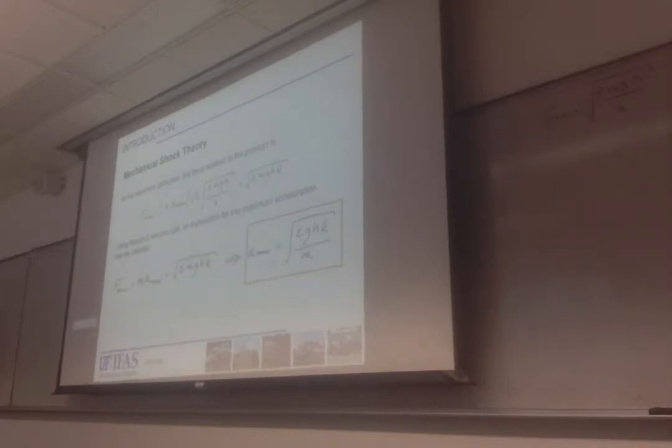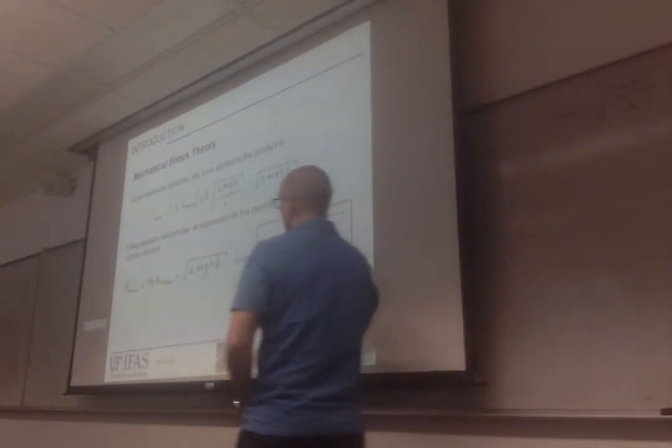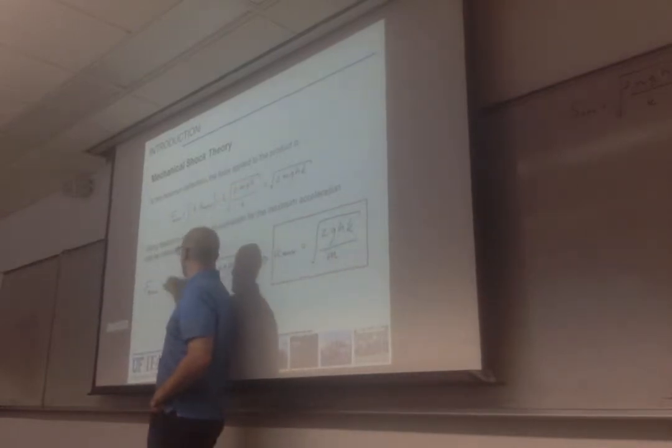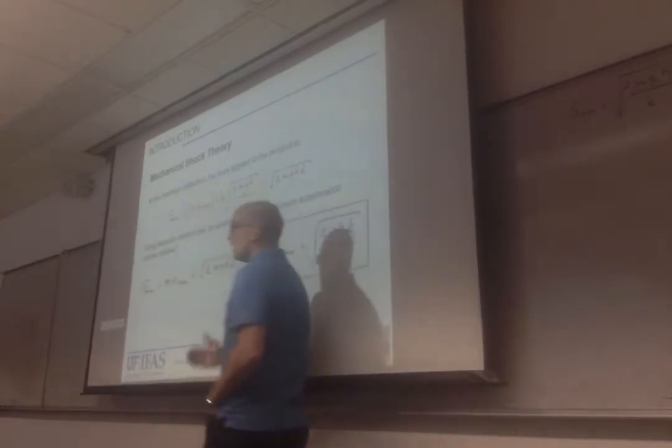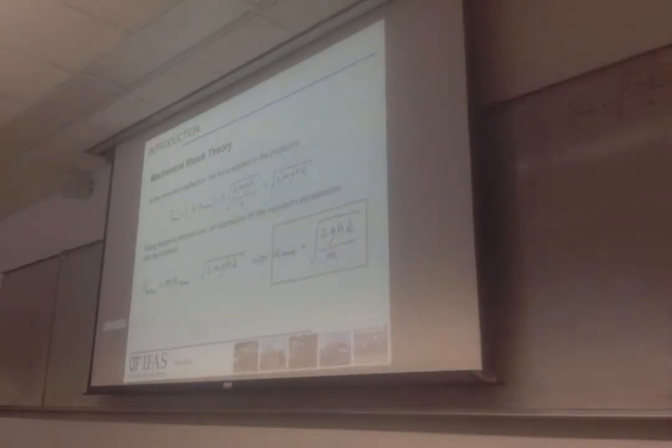Using Newton's second law of movement, we know also that for any mass or any object, the force is equal to the mass times the acceleration. And we also know that the maximum acceleration that will be felt by the product itself will be when its velocity reaches zero, when all of that energy has been absorbed by the cushion itself.